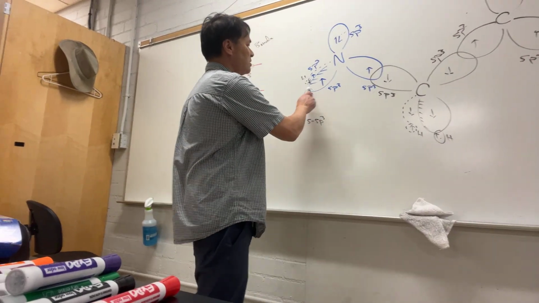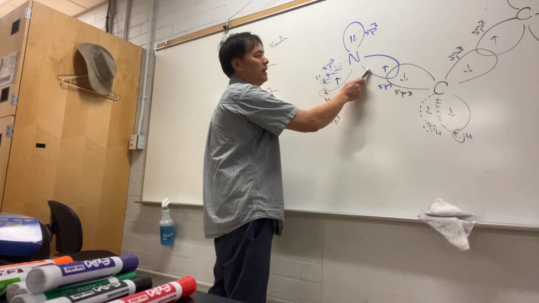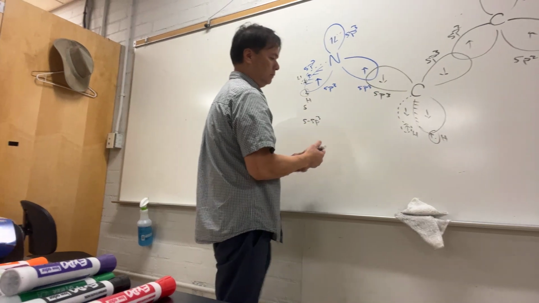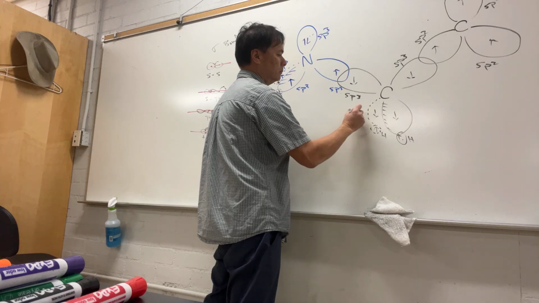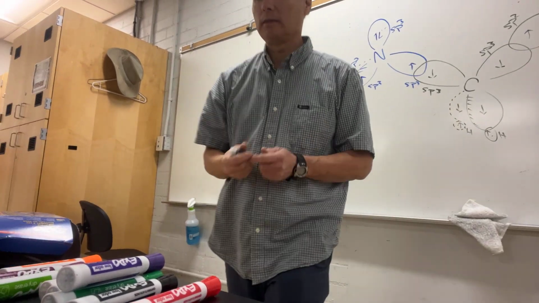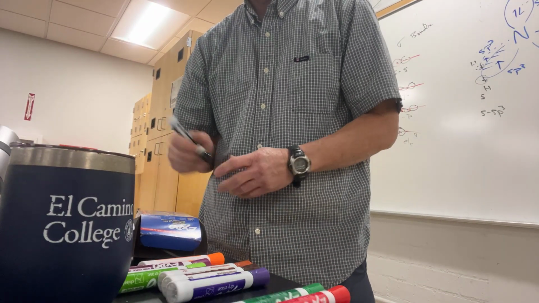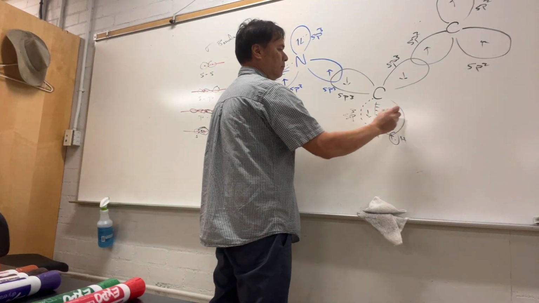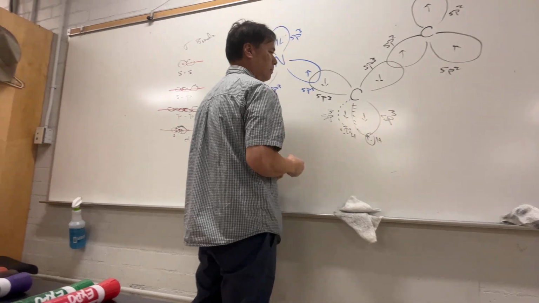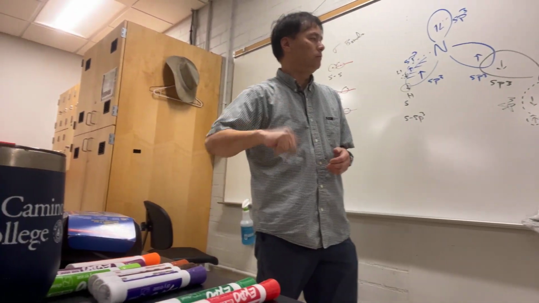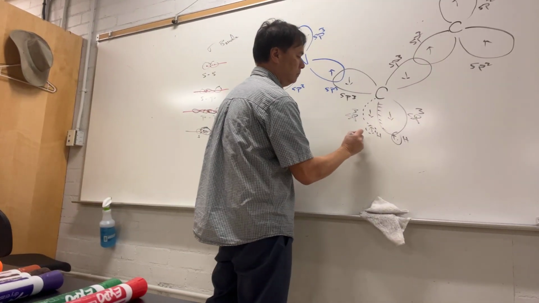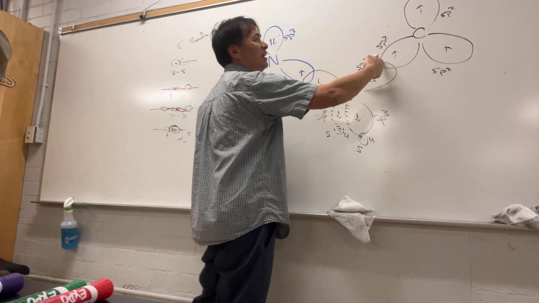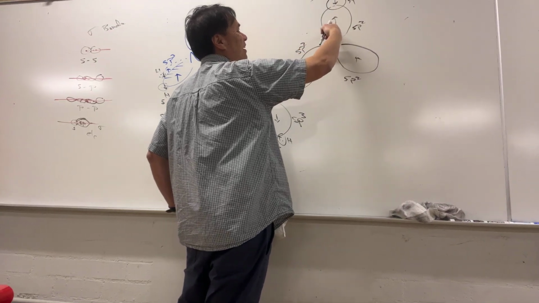And so we have an sp3 sigma bond here, an sp3 sigma bond here. We have an sp2 sigma bond here, an sp2 sigma bond here.